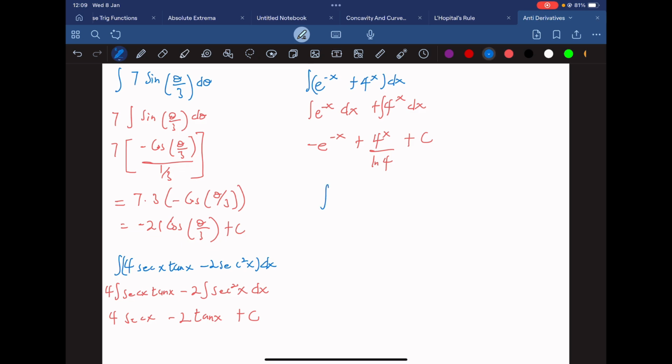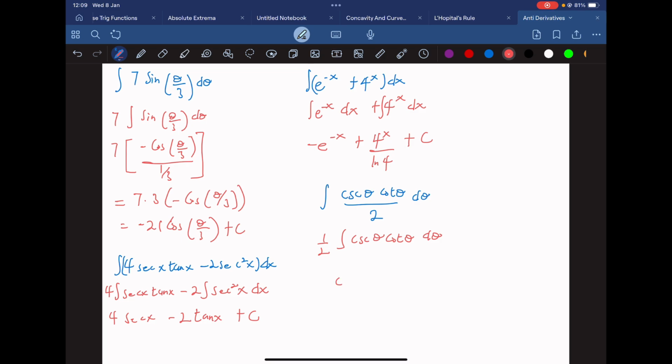The last one is the integral of cosecant theta cotangent theta over 2 d theta. In this case, we can bring the constant outside, then have cosecant theta cotangent theta d theta. Then you ask yourself, which function do you have to differentiate to get cosecant times cot?